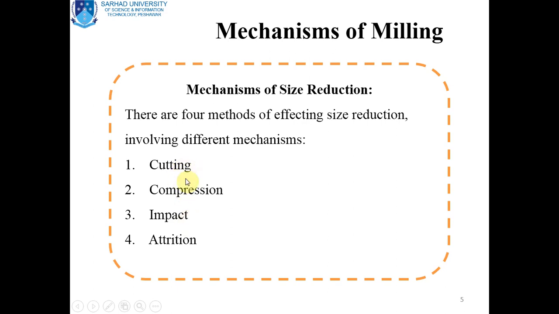Any mill used for reducing the particle size of material will involve one of these four mechanisms, or a combination of mechanisms, for reducing the particle size to the desired level.